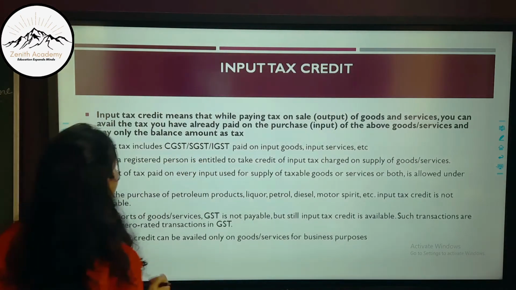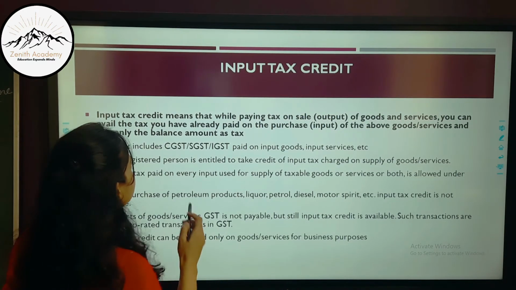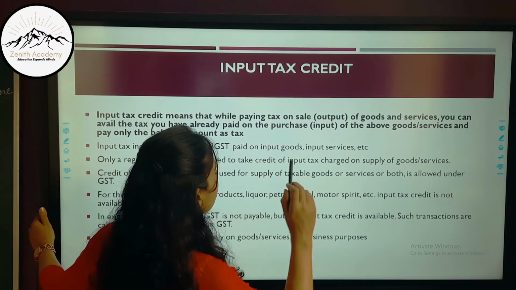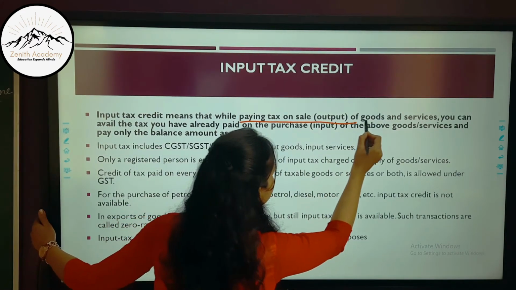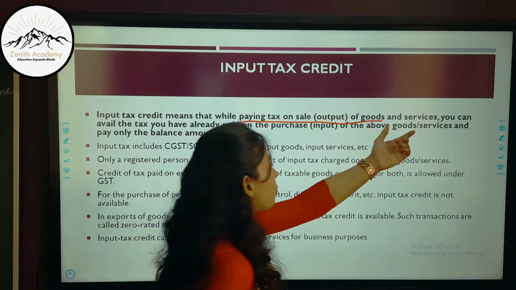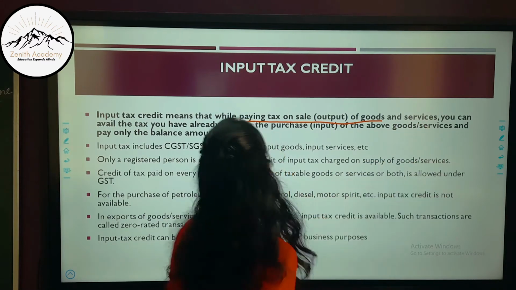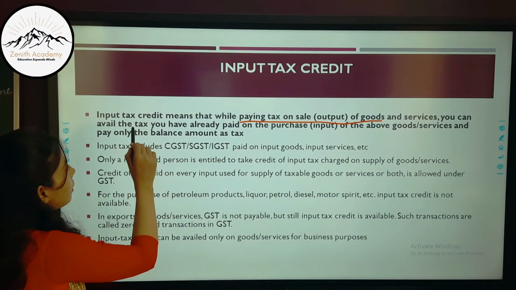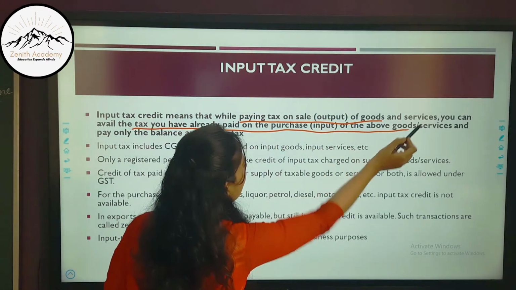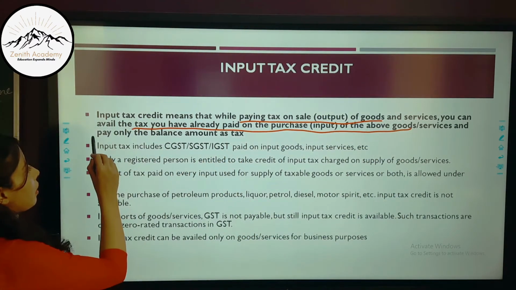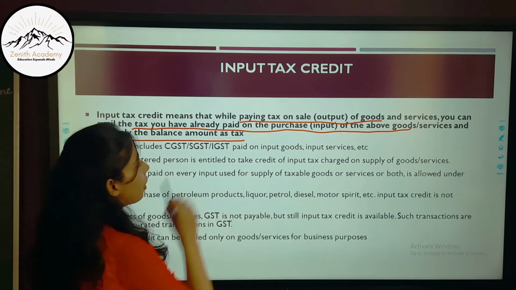Input tax credit means that while paying tax on sale, that is output of goods and services, you can avail the tax you have already paid on the purchase of the above goods or services and pay only the balance amount as tax.